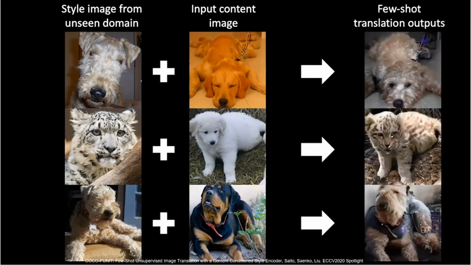So here's the output of our model, and we can see that it preserves the animal's pose, but it makes them look like they are from this new species. And again, here the style image comes from a domain that the model did not see in training. The interesting thing is you'll notice that in this middle row, it even preserves not just the pose, but also the age of the animal.